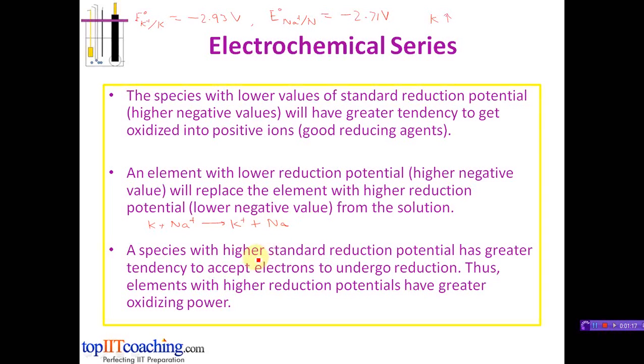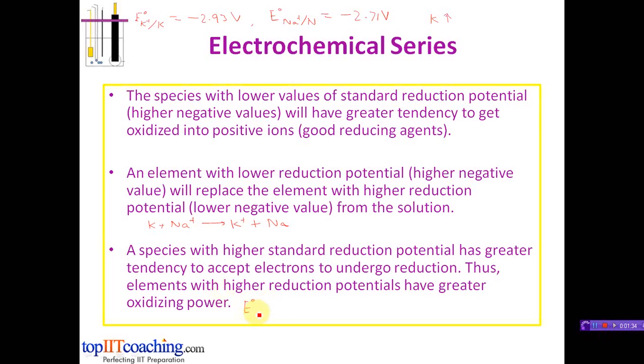potassium ions plus sodium. Then a species with higher standard reduction potential has greater tendency to accept electrons to undergo reduction. These elements with higher reduction potentials have greater oxidizing power.